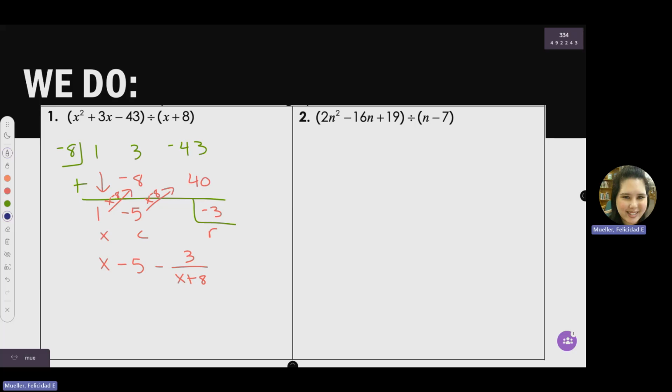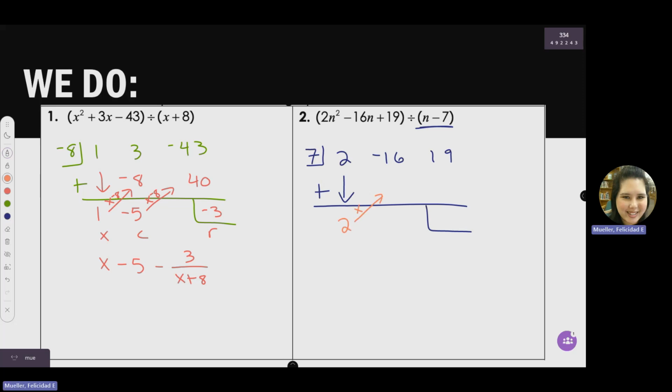Here on number 2, again, we're going to flip our sign. So it's going to be 7. My coefficients are 2, -16, and 19. Now you are going to find people do a slightly different setup every single time, and that's fine. But generally, this is how mine will always look before I even start. So our step says bring down the 2.